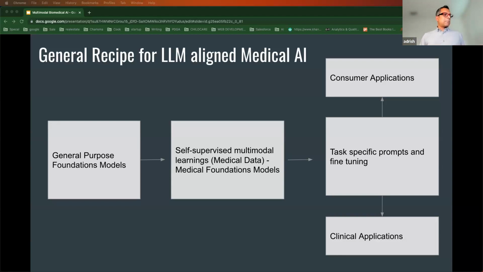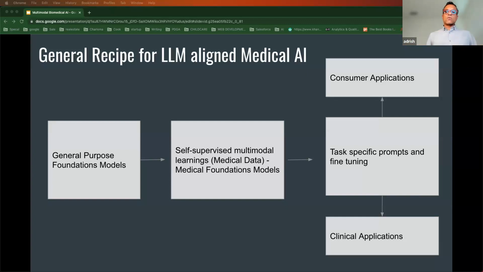And then I take the medical data, structured data, unstructured data, videos, and images, and I apply this kind of self-supervised approach and fine-tune that for medical use cases. And then I can have task-specific prompting or fine-tuning, and then have some applications geared towards consumers or towards the clinician.